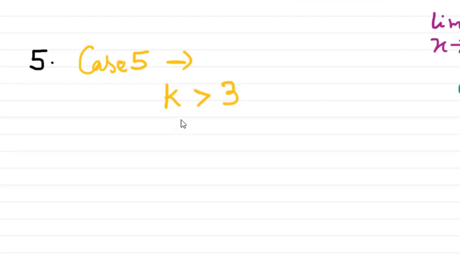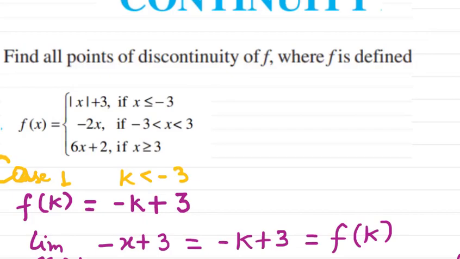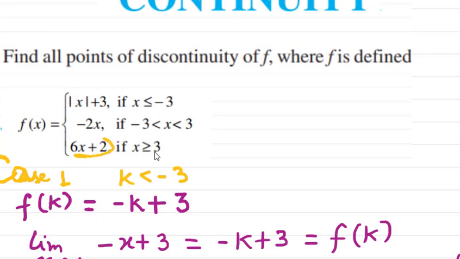Now let's talk about the fifth case. Our case 5 is x greater than 3. So let's see which function will be valid. When x is greater than 3, in that case this function 6x plus 2 will be valid, okay. All the values will be greater than 3, that means it will be 4, 5, 6, okay.